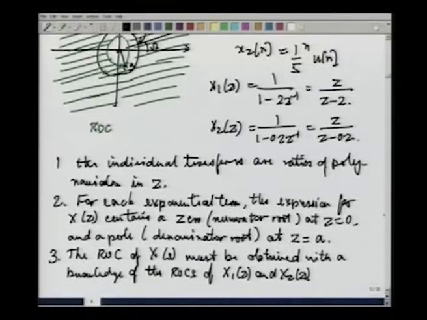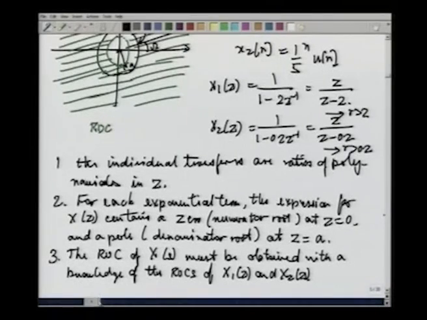Now for this we have r greater than 2, here we have r greater than 0.2. This is the ROC for this, this is the ROC for this, right.